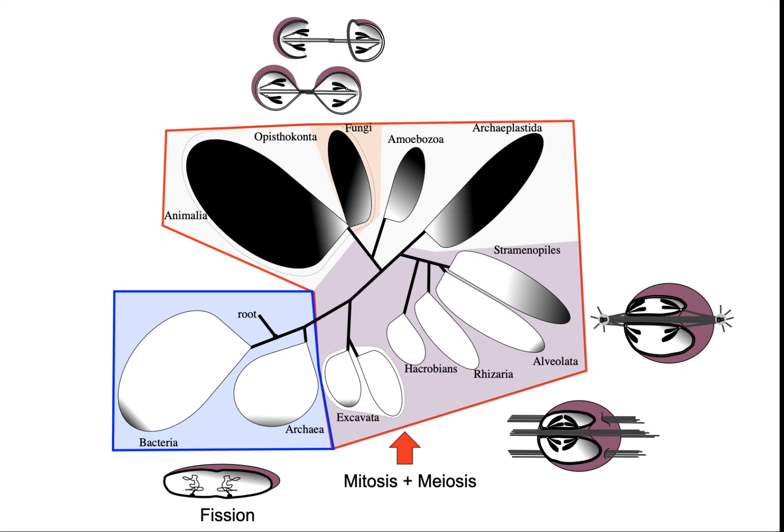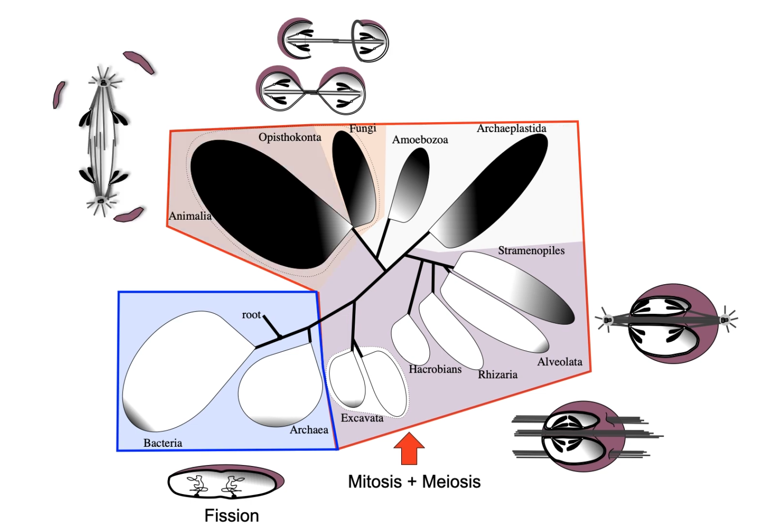And then there's this odd group up here that are the fungi, where in one case you have the nuclear membrane not breaking down, but you have microtubules inside the nucleus as well as microtubules outside the nucleus. And in the other case with the basidiomycetes, the chromosomes are ripped out of the nucleus, and then a new nucleus forms around each one of the two sets of new chromosomes. So that one is unique among organisms as far as I am aware.